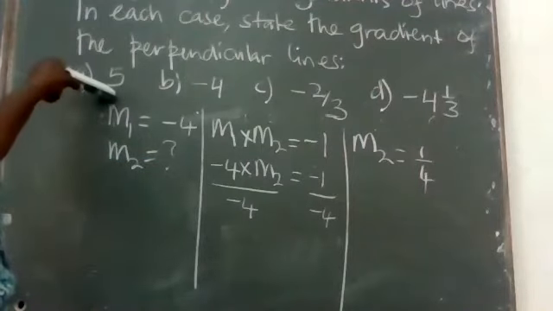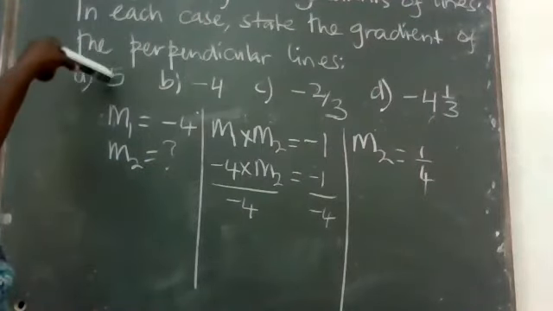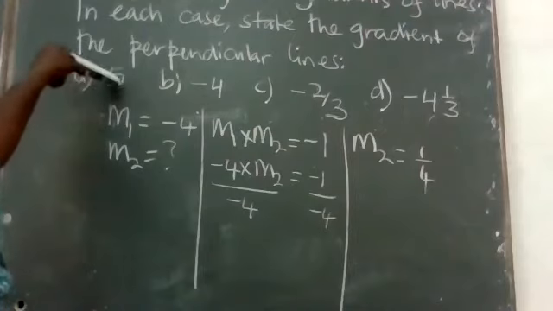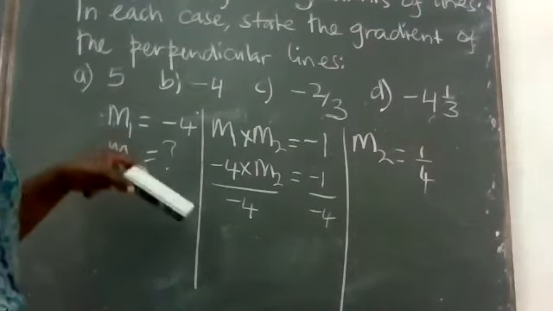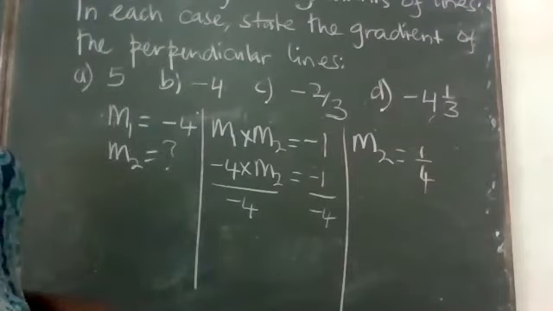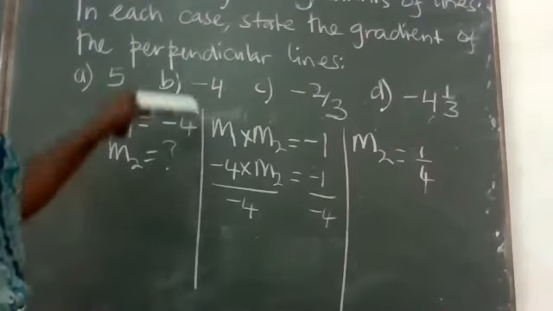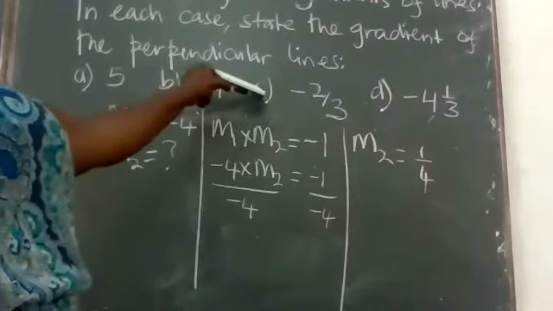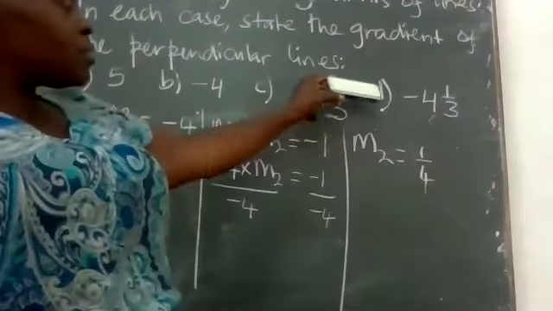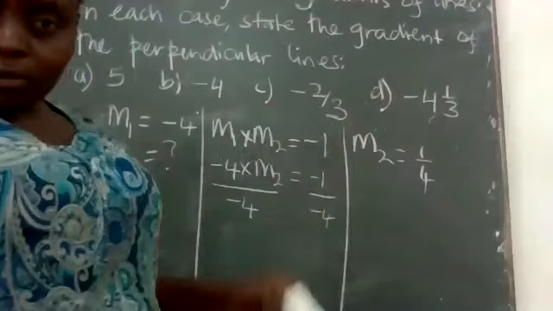In part A, the first line has gradient 5, so we are looking for the gradient of the perpendicular line, which is the second line, even in part B. So we are going to do the same thing for part C and D. Here we have fractions.